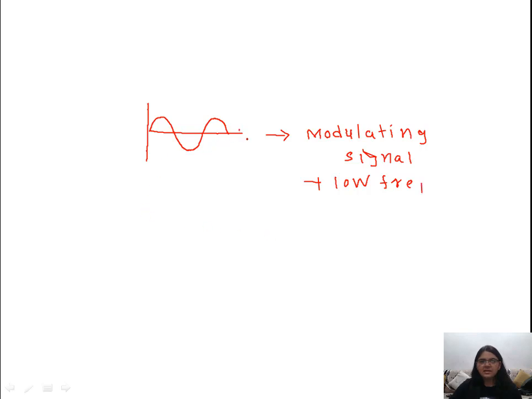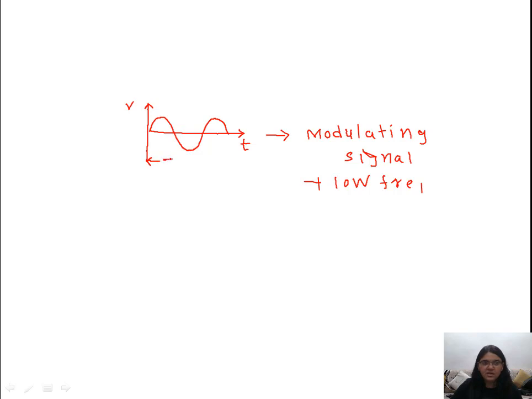This is the time axis, and this is the voltage axis. This is the low frequency wave. How can you get the idea about whether it's a low frequency or high frequency?